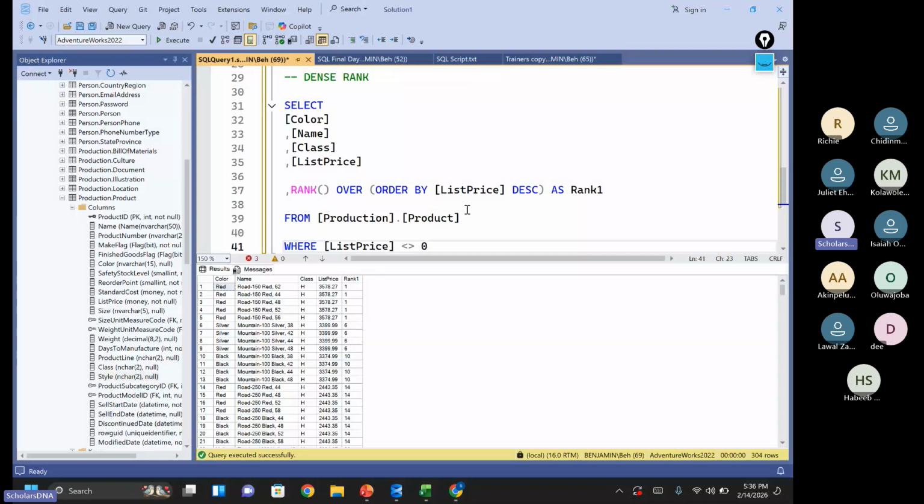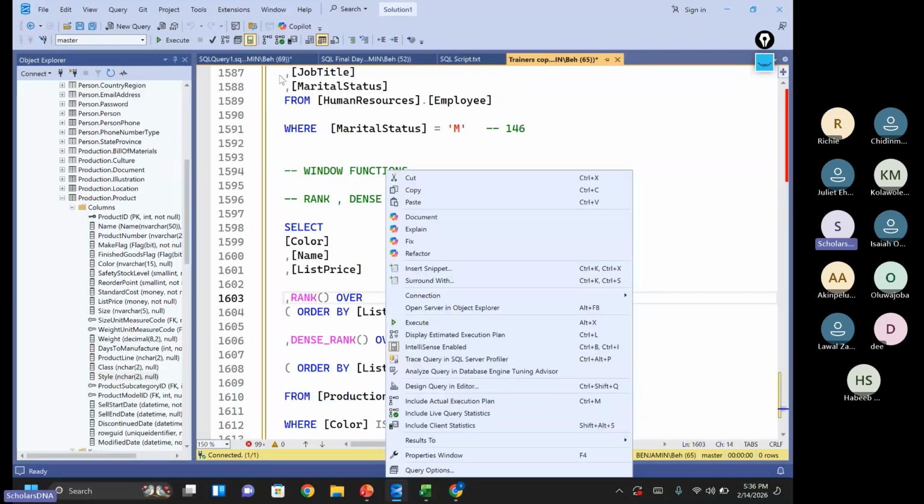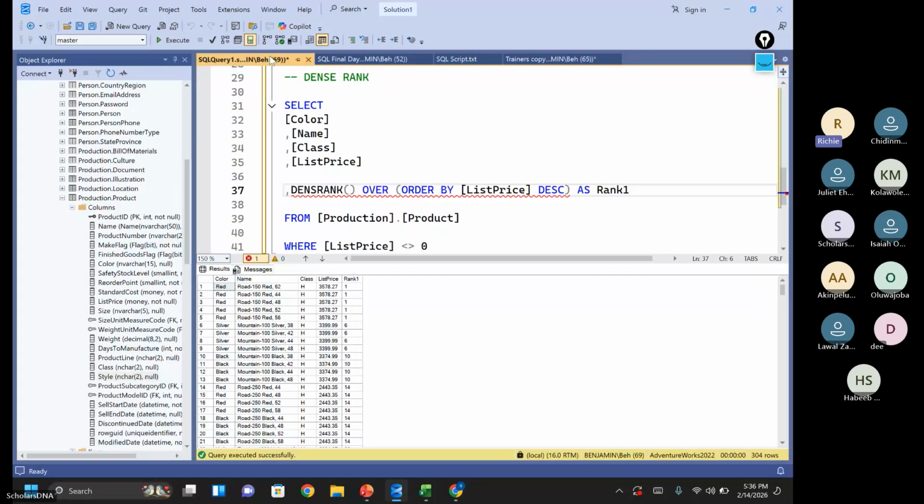Just to add dense to this, there's a Windows function called dense underscore rank. The dense underscore rank is different from rank.